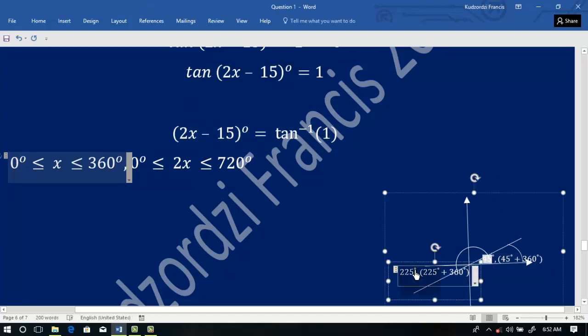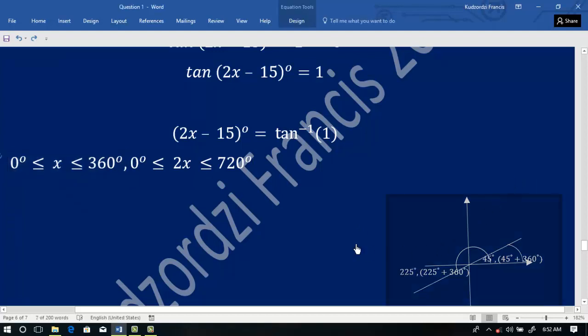Then in the third quadrant, you are going to get 180 plus theta degrees, that is 180 plus 45 degrees, because we move from here up to here is 180, and this small angle over here is 45. So 180 plus 45 gives us 225. That will give us 2 angles within the first revolution, or from 0 degrees to 360 degrees.